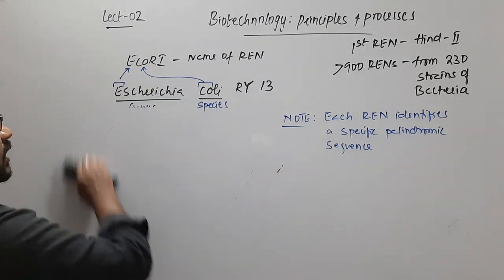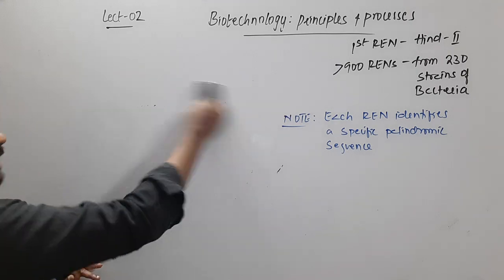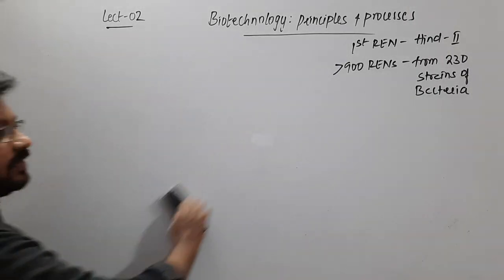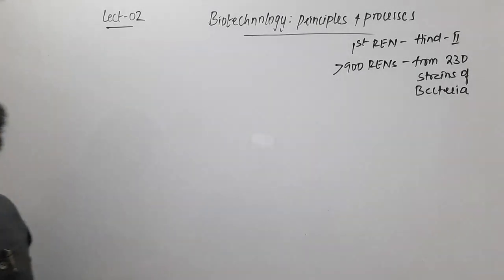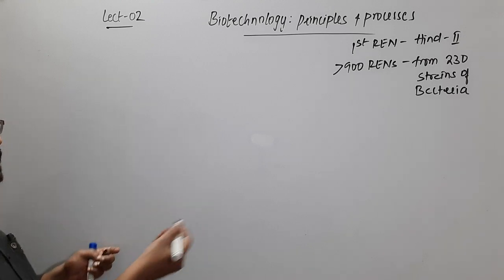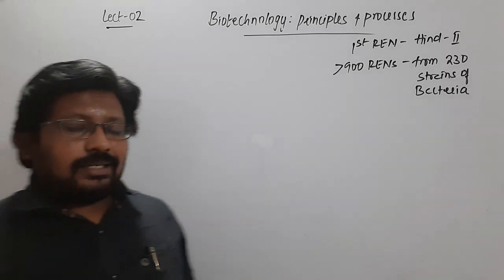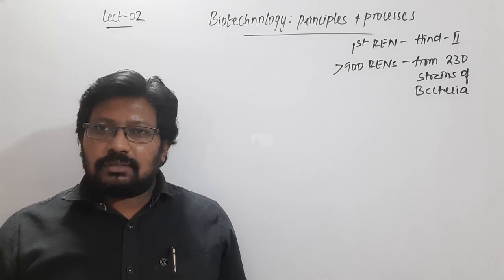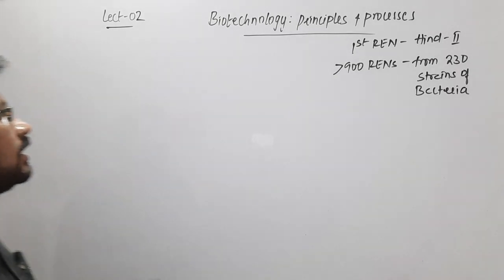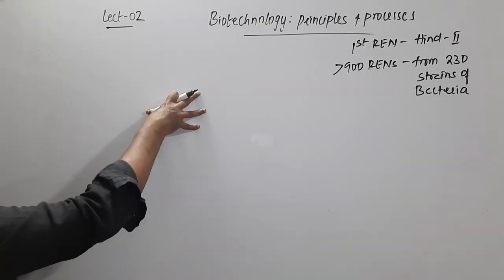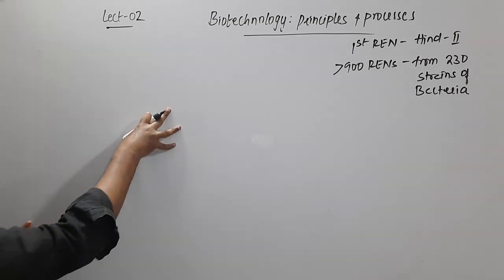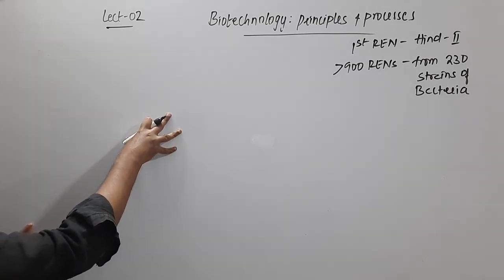Now let's see how these restriction endonucleases identify particular palindromic sequences. When we use a restriction endonuclease, it cuts the DNA at a specific location by identifying a particular palindromic sequence. When it cuts the DNA, it will produce two types of ends.